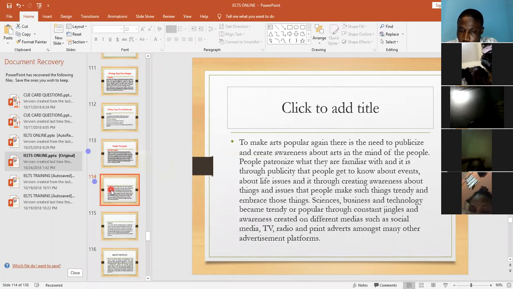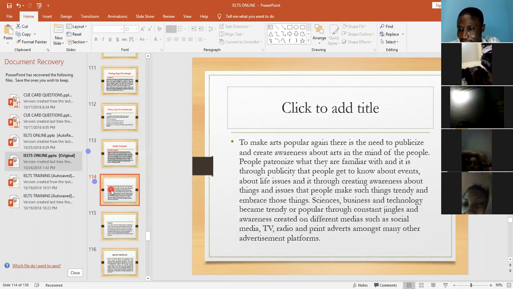Possibly, though I did not discuss a second point, because I want us to go do that. It doesn't matter whether I discuss the second point, it's still going to follow the same procedure. That's why I said, let me now come to the paragraph of solution, because the question asks us to do two things. Identify the reasons why science, business, and technology were more popular and trendy amongst the people than arts.